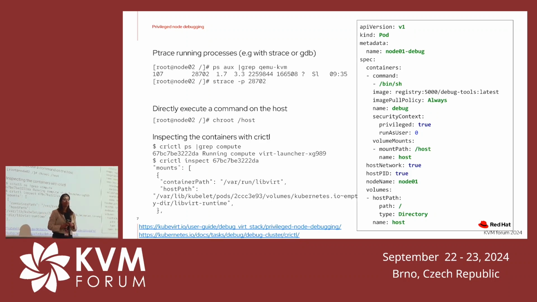For example, in a generic Kubernetes distribution, we have tooling like crictl that allows you to inspect the containers, and you can use it exactly to see what's going on with your container. In this case, we are using crictl directly on the host, for example, to inspect and find some libvirt directory.